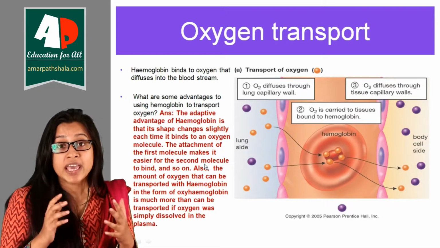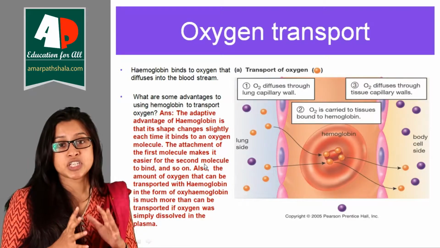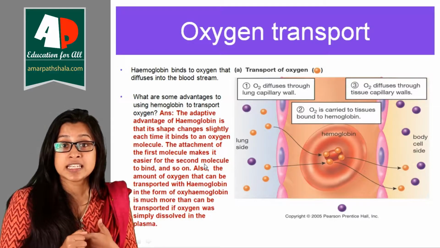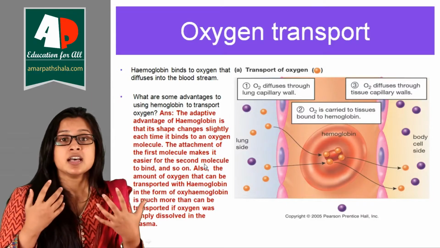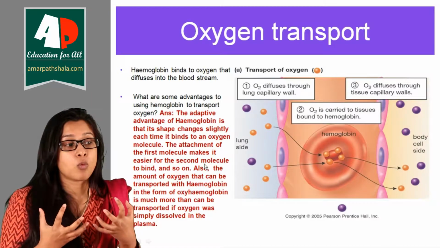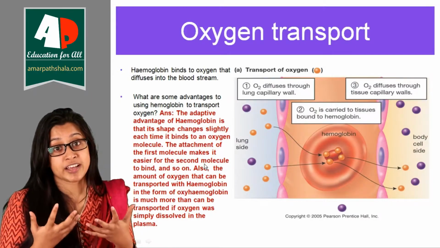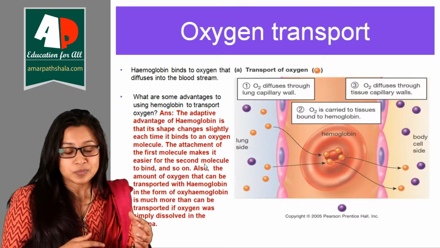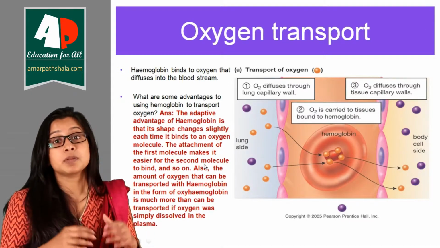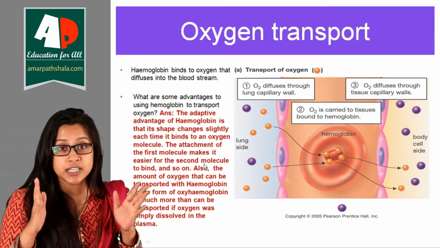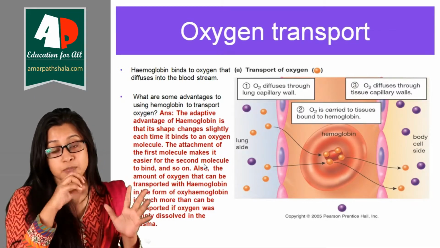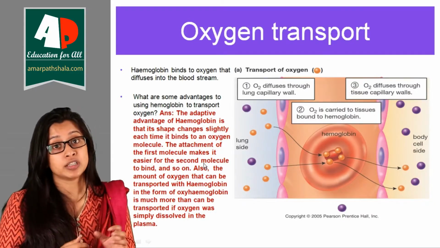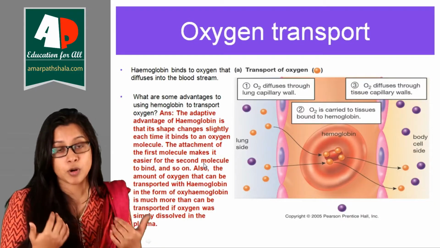And then we have hemoglobin, which is an iron protein complex, and the important thing about it is that it is such a proper, such a workable, and my favorite word, efficient carrier, that it changes its shape like a glove each and every time it binds with an oxygen molecule, making it easier for the next molecule to bind to it properly.